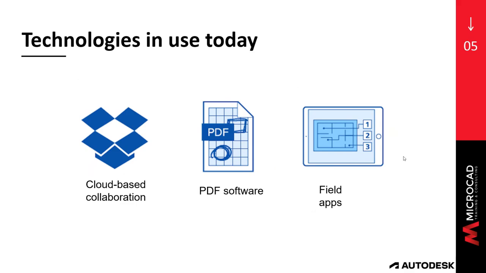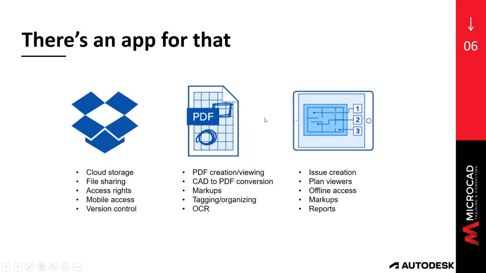And last but not least, we have a bunch of field apps that are going to allow you to pick up a set of drawings and bring it to the job site, right? Or maybe you are in a meeting and you need to show one of your files to one of your clients. So all of that is in different applications right there. But when it comes to Docs, well, you have just an app for that.